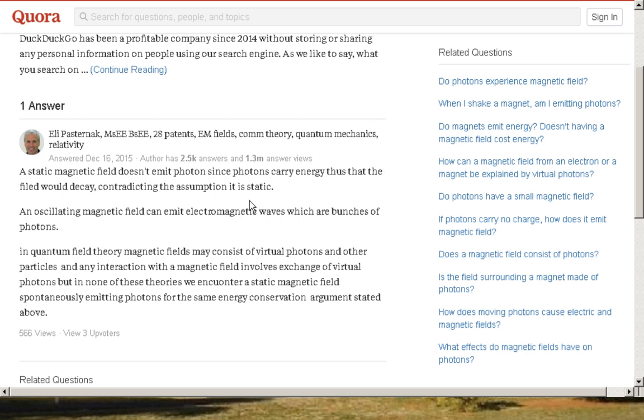This guy says a static magnetic field from a magnet doesn't emit photons, since photons carry energy. I don't think that's an appropriate statement.